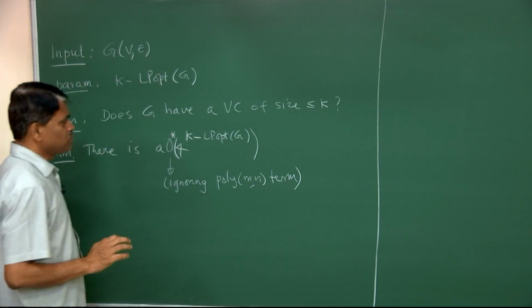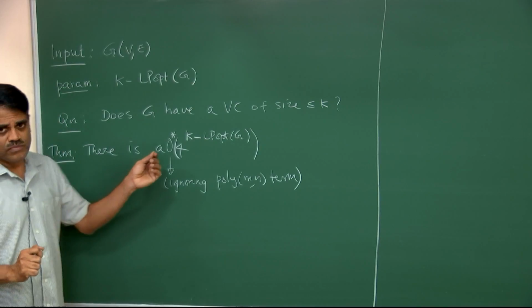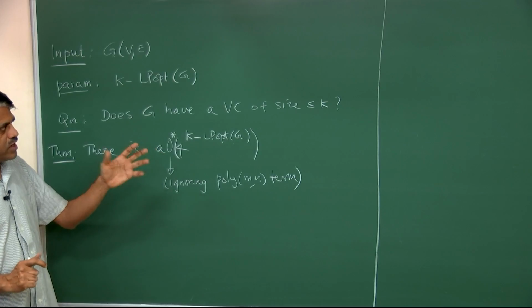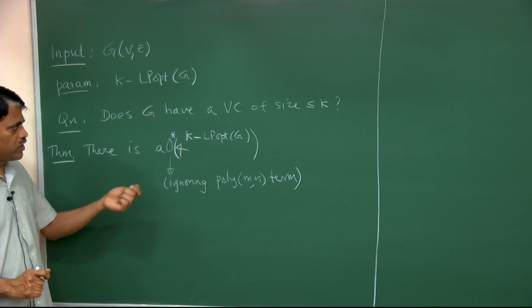In this case, it's more like m root n or something, because m root n is to solve the LP and you're trying to do it n times.